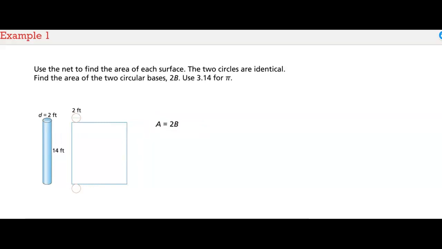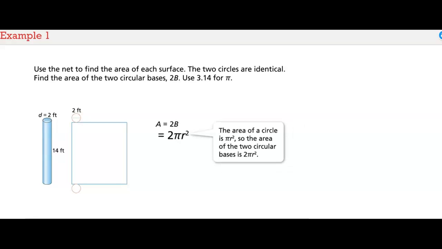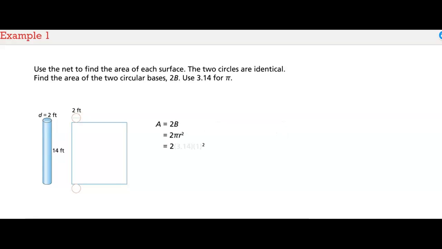Use 3.14 for pi. The area of a circle is pi times r squared, so the area of the two circular bases is 2 times pi times r squared. The area of the two circular bases is about 6.28 square feet.